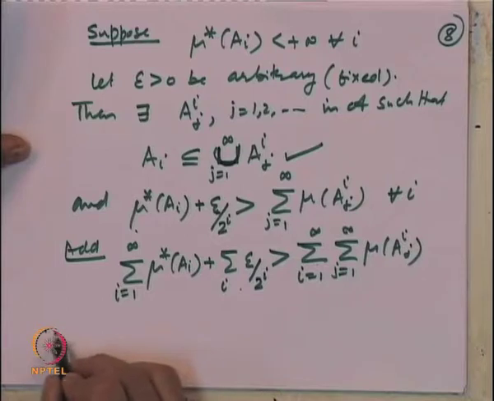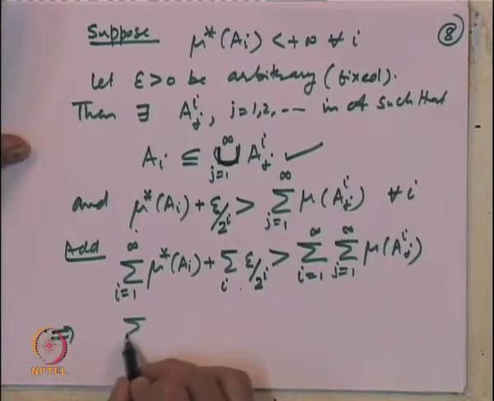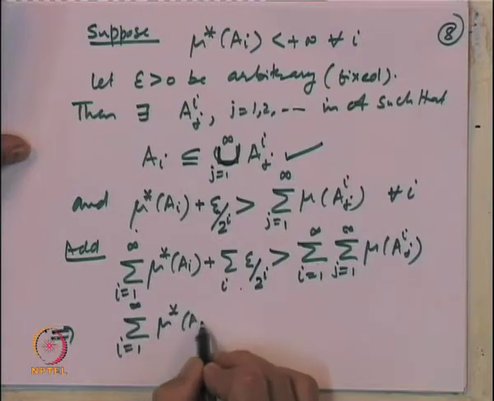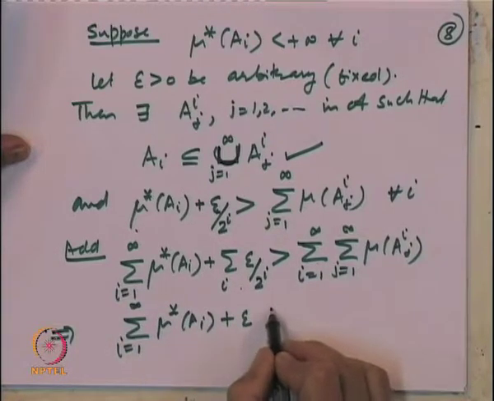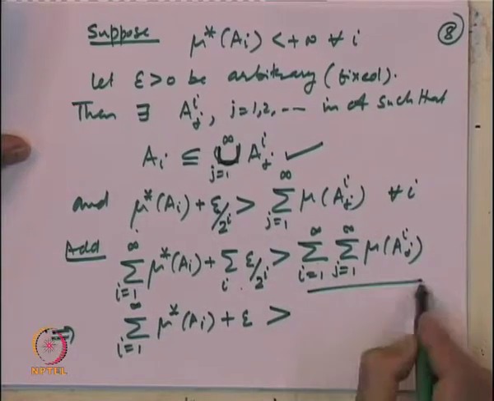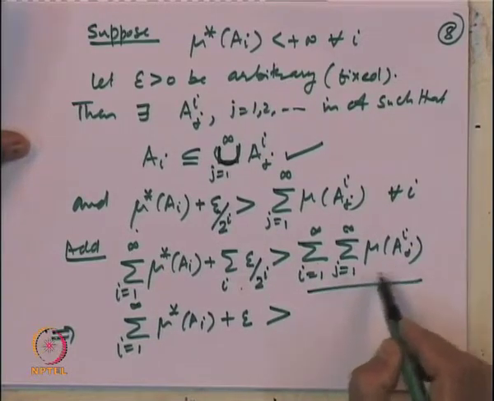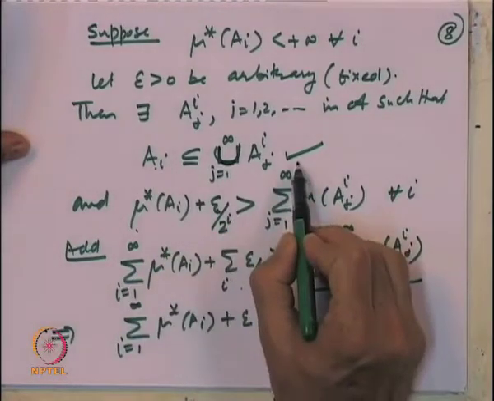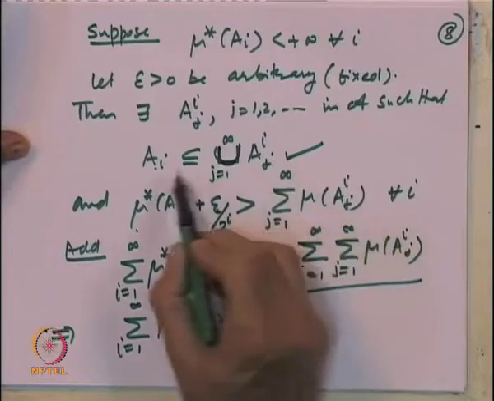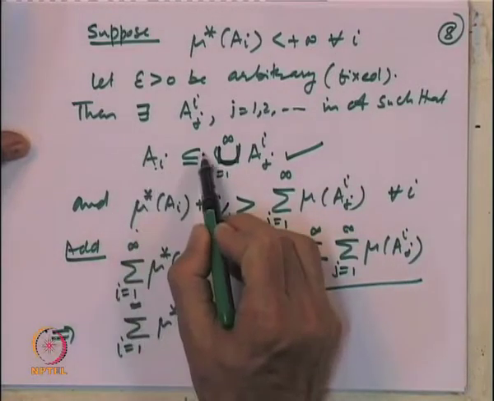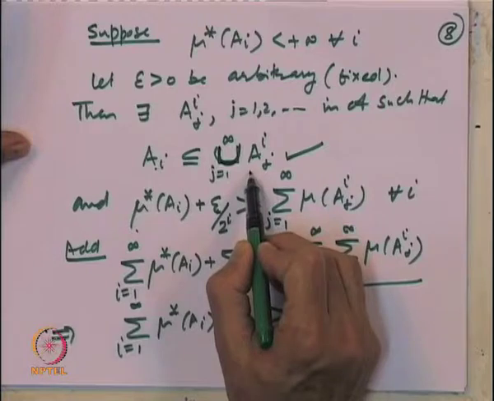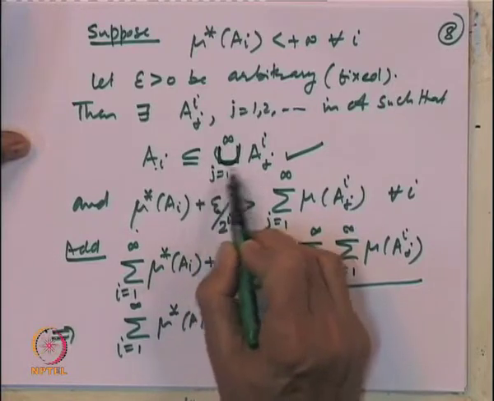So, that implies that sigma i equal to 1 to infinity mu star of A_i plus epsilon is bigger than this sum. And now, note i and j both vary. So, this is for every i. Now, if I take the union over i's, I will get a covering, and A is inside this.